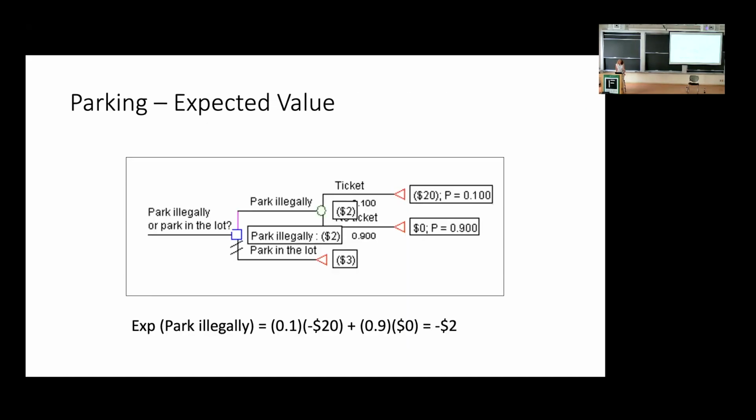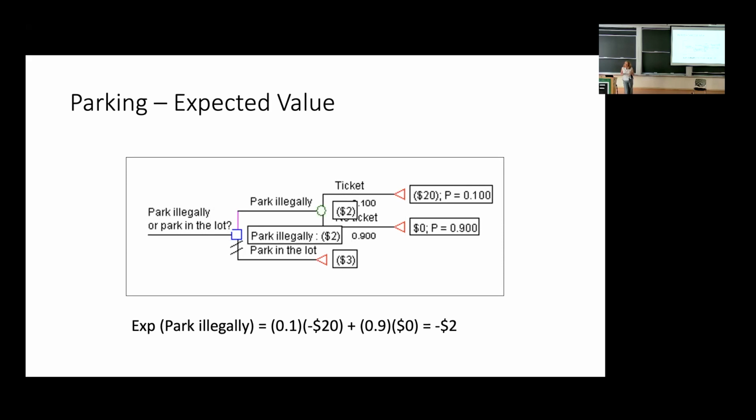Of course, we've seen that about half of the people here wanted to park illegally versus in the lot. And so parking in the lot, from this very basic example, doesn't seem to make that much sense. But I'm sure the people who picked parking in the lot have thought about all kinds of other things.